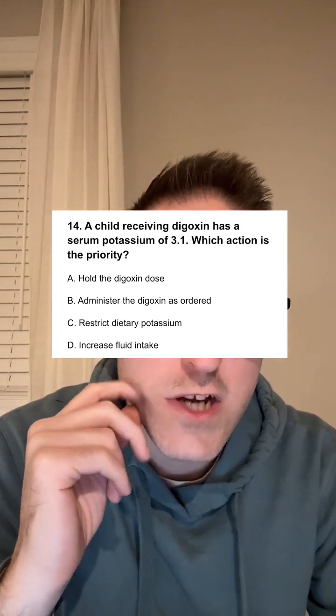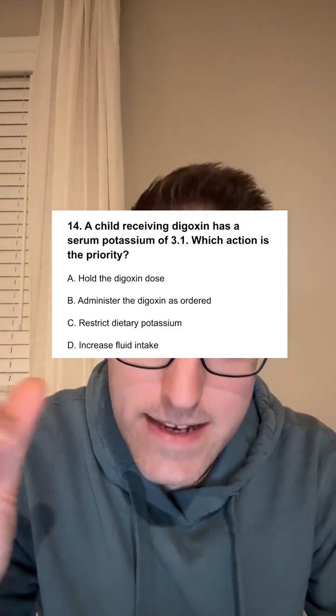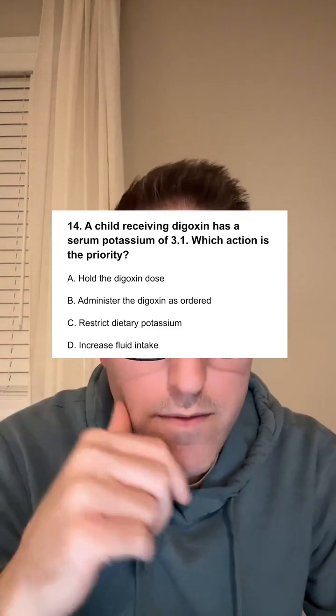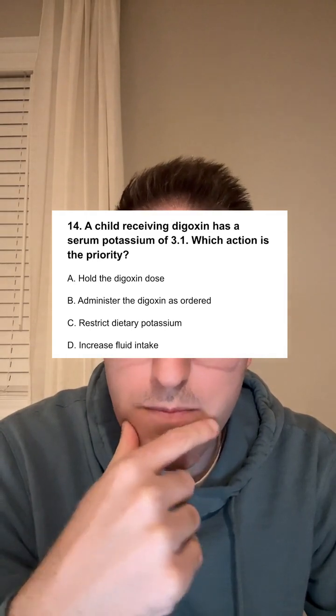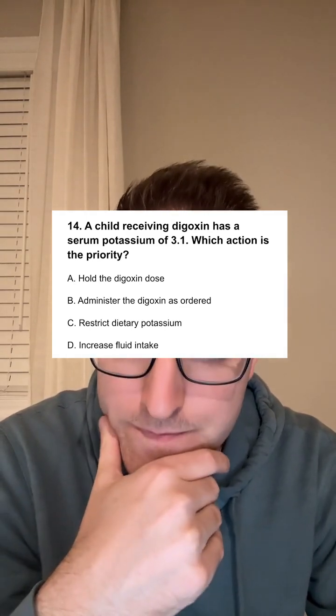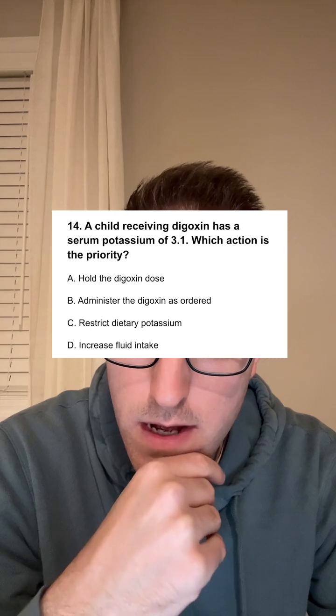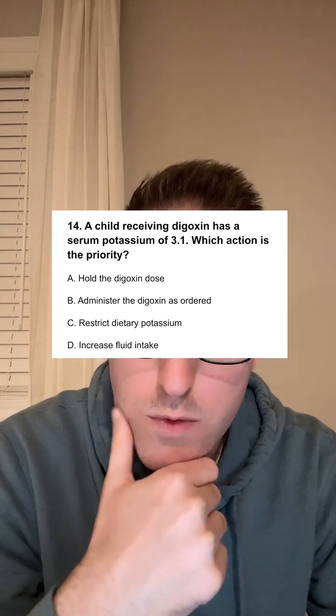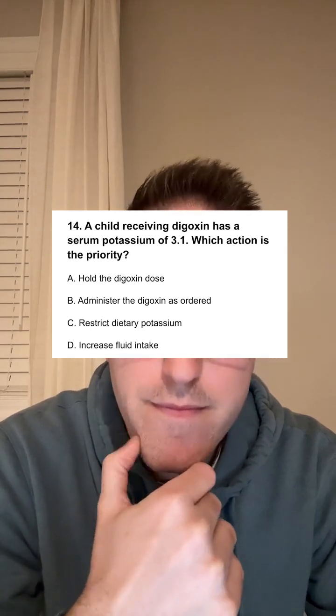Okay, so when you give digoxin, know what the potassium level is prior to. Okay, why not C? Well, potassium's low. Restriction is going to make it worse.